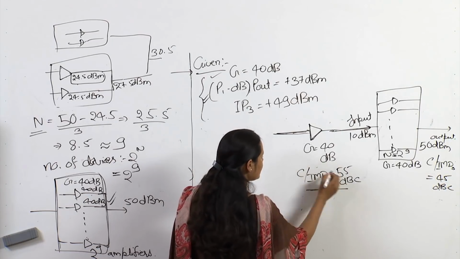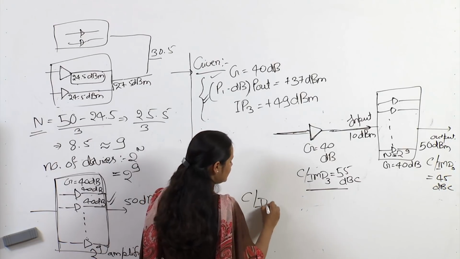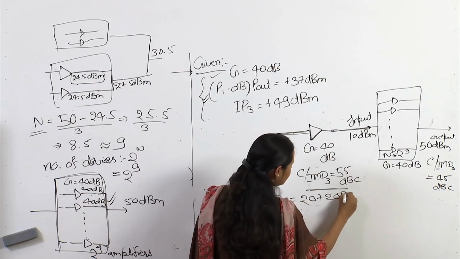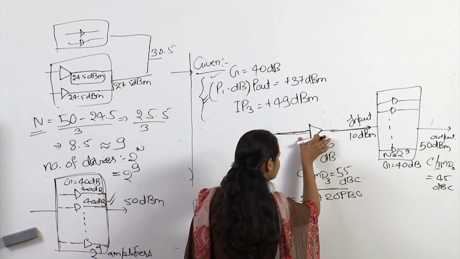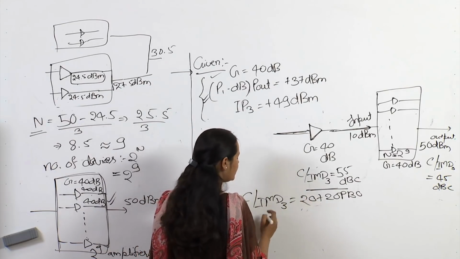So for this C by IMD3, what should be the output power backoff? C by IMD3 equals 20 plus 2 OPBO, again because it is a small signal solid state power amplifier, SSPA. So we can use this formula.